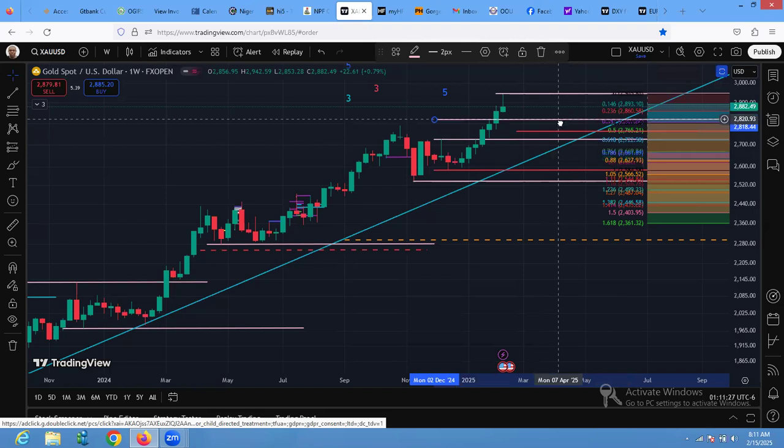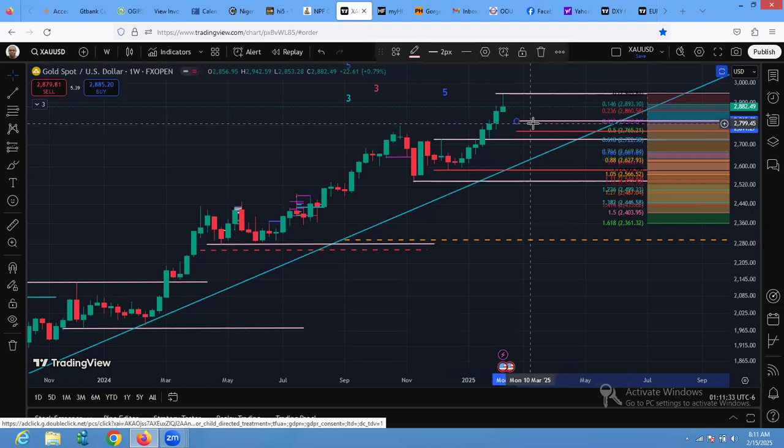I expect my 4th wave around here. I want to sell to that level. That's the level I want to sell to, without breaking this area.